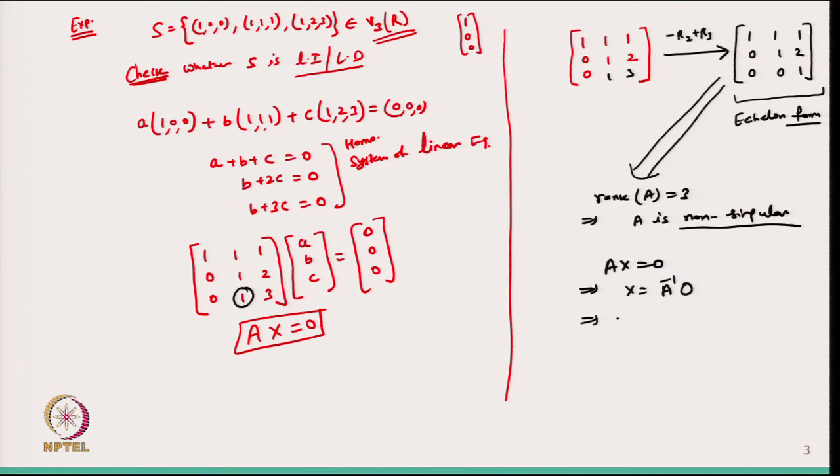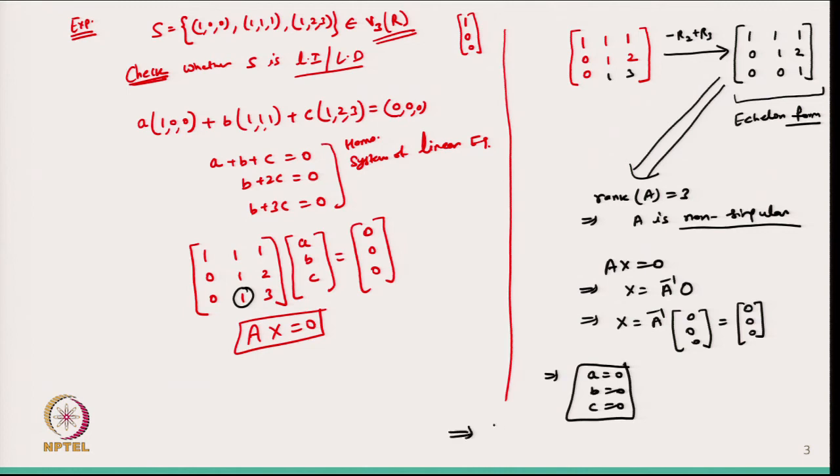And from here I can write my x as A inverse times 0 0 0, and we know that if we multiply any matrix with 0, it is going to be 0 0 0. So, from here you can say that my A is 0, B is 0 and C is 0. So, all these three scalars are coming 0.